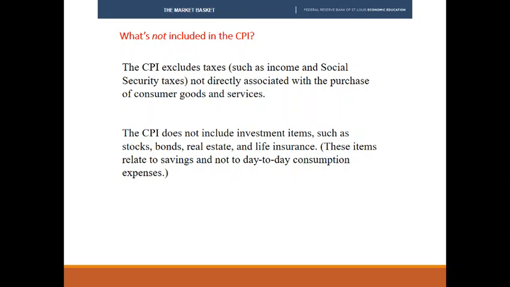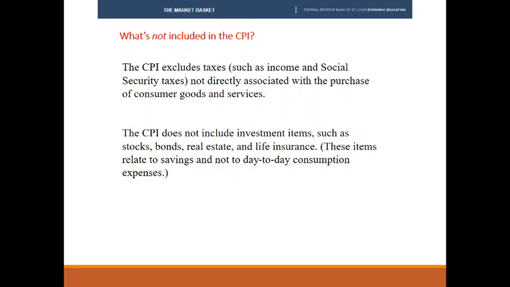We're trying to experience a typical consumer. If a typical consumer's investment portfolio increases in value, it doesn't come with the same hardship. It's in fact the opposite of hardship, as an increase in groceries or gas. So it doesn't make sense to include it, and it's not.